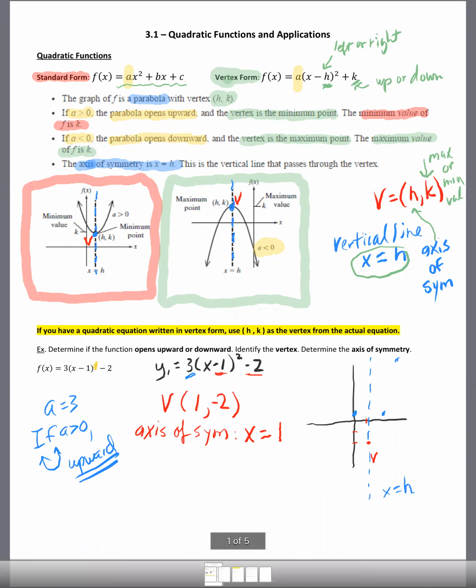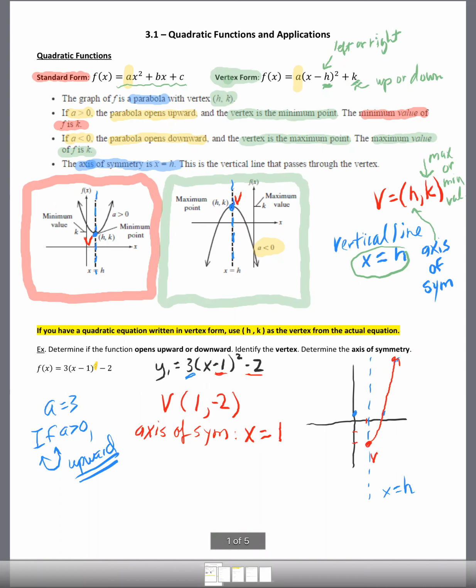And so what I know about my graph then, let me make my vertex a little bit bigger here, okay? And I know then that my parabola is going to look something like this.